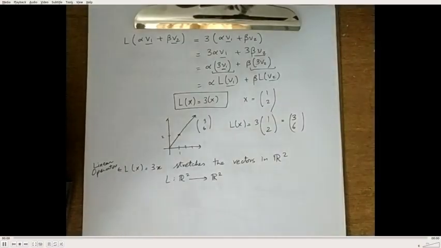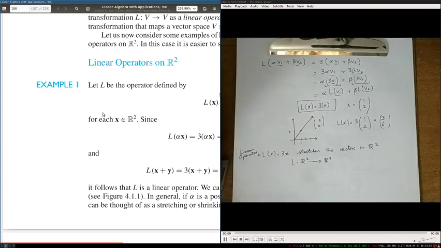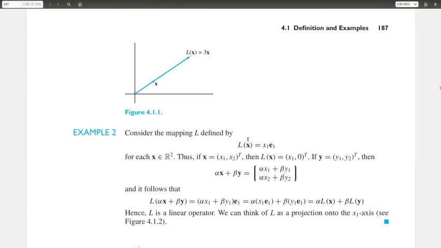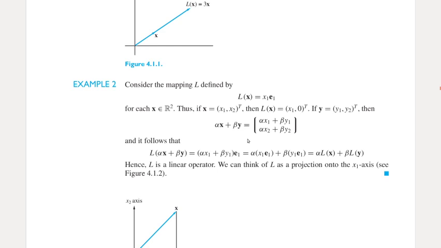Okay, that's a simple example. We can check out another example. For example, consider this new example.